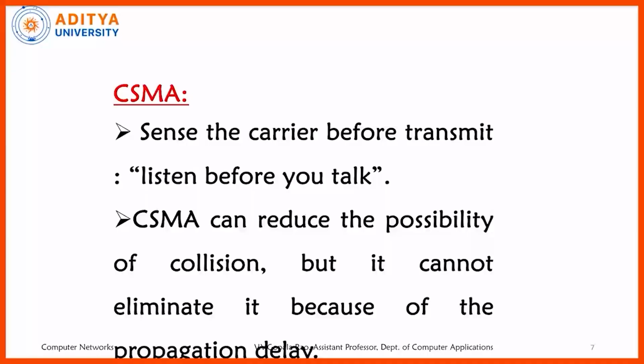Multiple access is the main concept we are talking about, and in that we are talking about random access protocols. CSMA is one of the important protocols we are discussing, where every station has to sense before sending the information. Why does it have to be randomly sensed? Because it is related to random access.